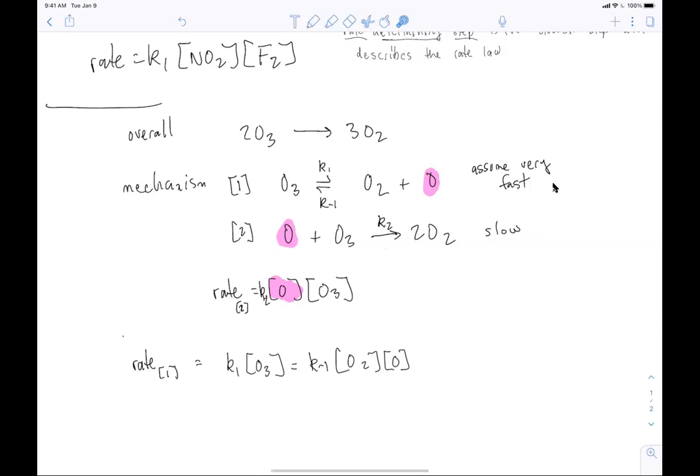And then in order to get rid of this oxygen that's here in what actually defines the rate of the reaction, all we have to do is solve for oxygen over here.